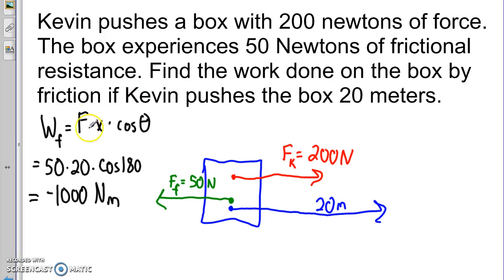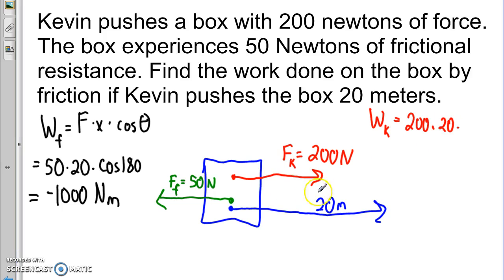So this frictional work, this friction is working against Kevin. And let me show you this mathematically too. Let's find the work done by Kevin real quick. The work done by Kevin is going to be, again, his force, which is 200 newtons, times the displacement, times the cosine between them.